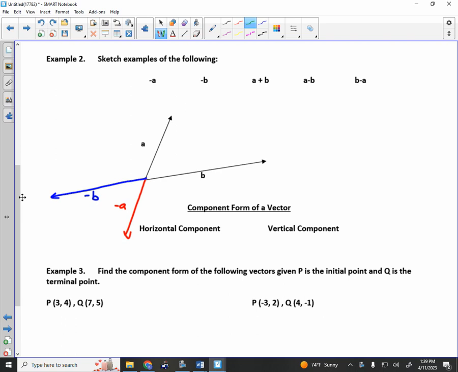The way to compute this is to draw a line on B, and then I'm going to move that onto the end.